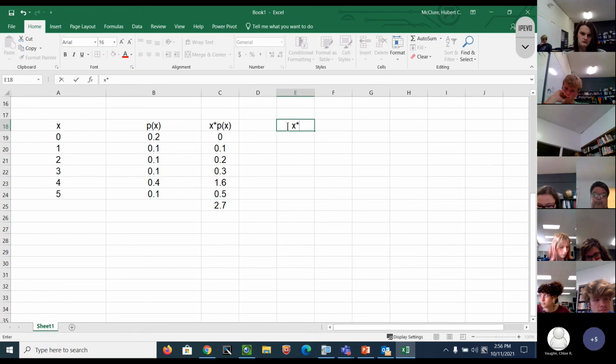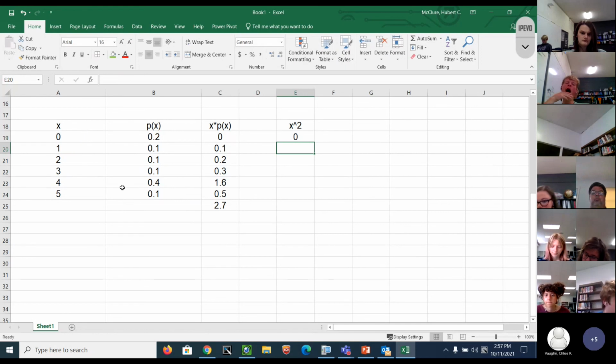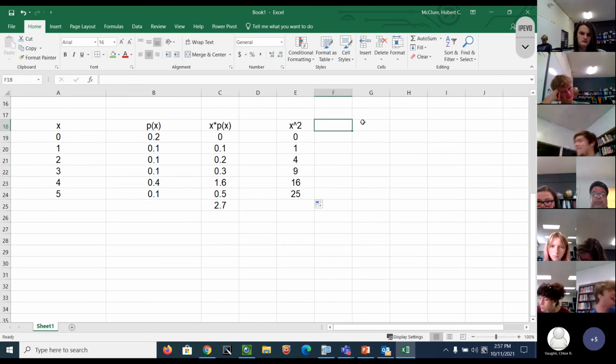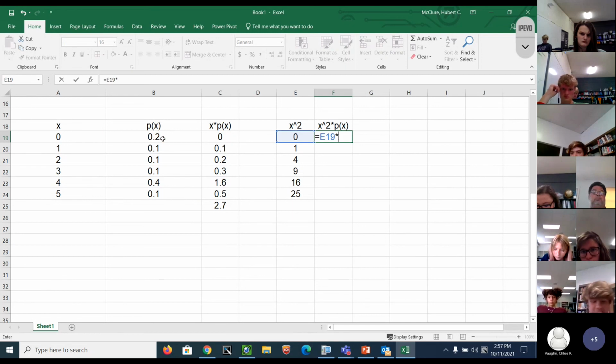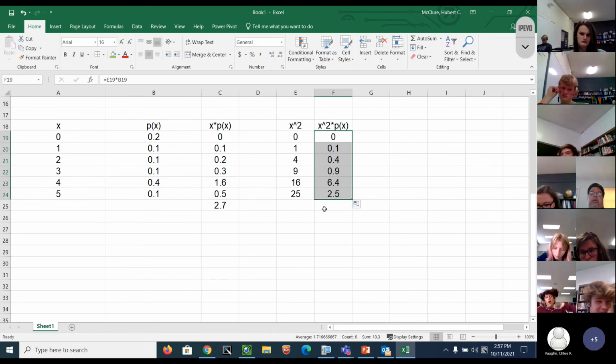X squared, and multiply X squared times P of X. And multiply that down, or copy that down and add them up.